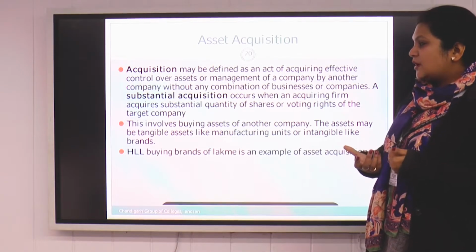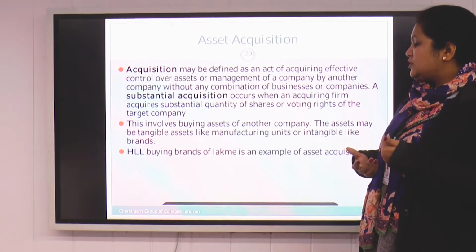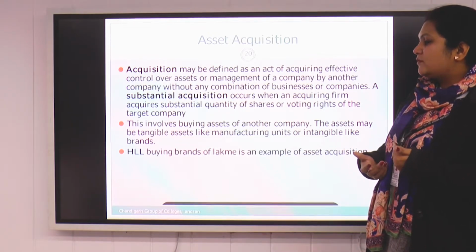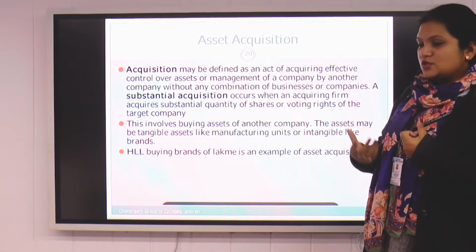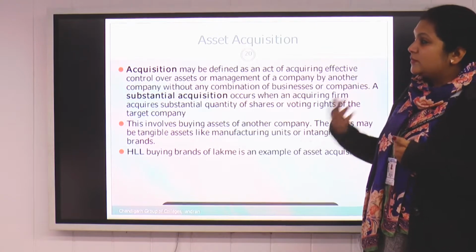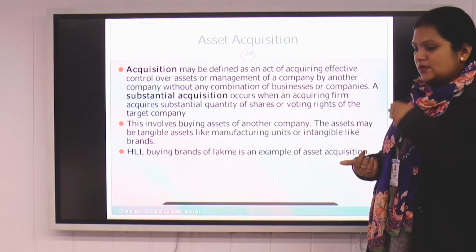A substantial acquisition occurs when an acquiring firm acquires a substantial quantity of shares or voting rights of the target company. Now, there are two types of terminologies that are related to acquisitions. One is asset acquisition.